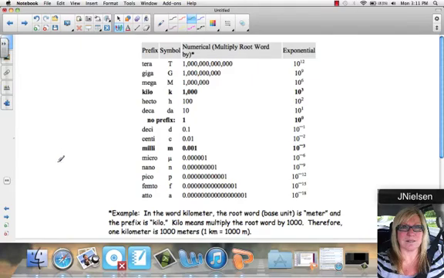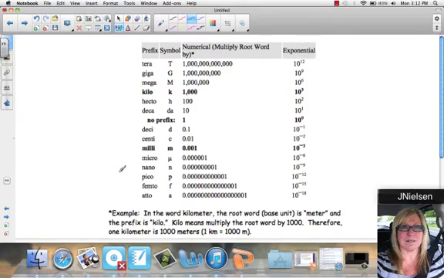In the next chart that you have, this is another way to display the information. You've got prefix, you have a symbol, and then you have the numerical standard form, and then you also have the exponential form. So basically, all you have to remember is to multiply the root word by whatever you see for the exponent.